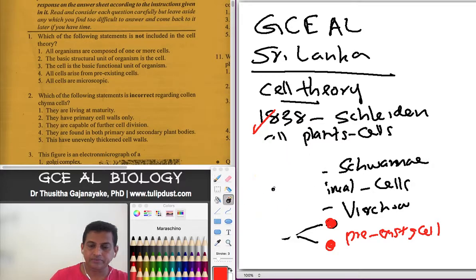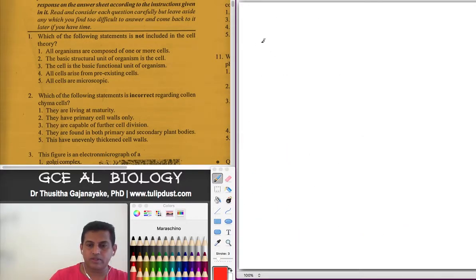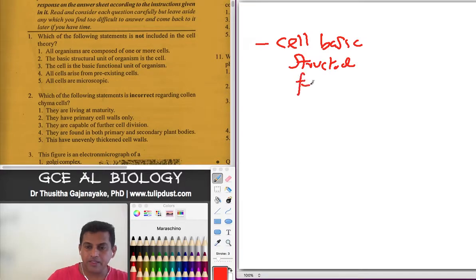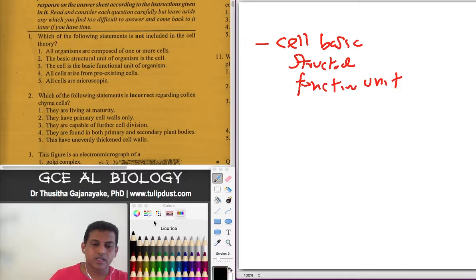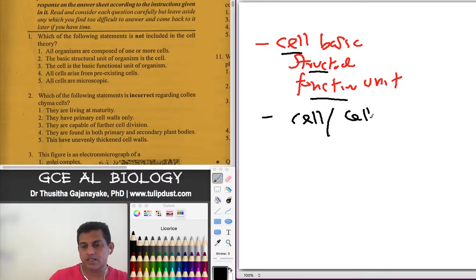After that, there are a few points we can highlight. The cell is the basic structural and functional unit of organisms. So all organisms are made up of cell or cells.